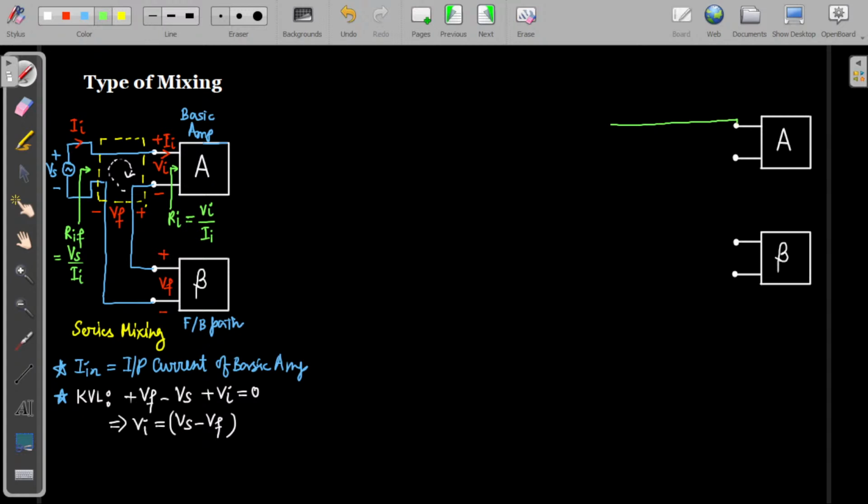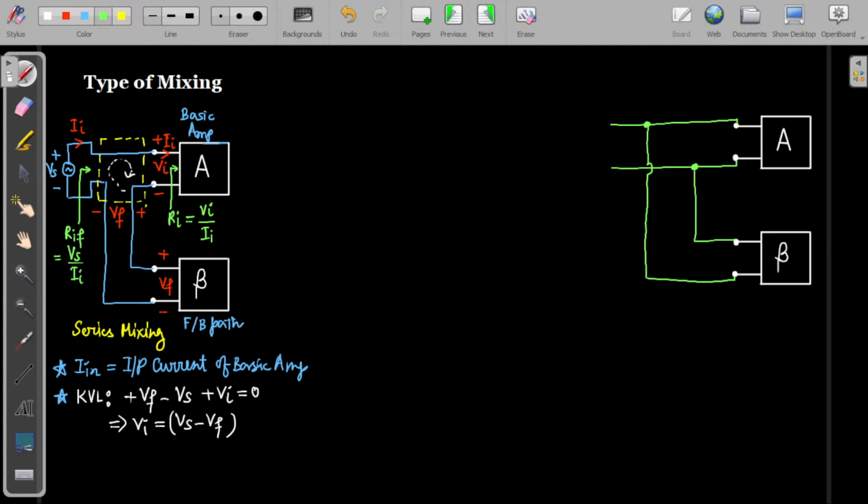So this is the main line of the basic amplifier, and here we will connect this feedback line like in this pattern. We will connect like this. If it is connected like this, so यहाँ पे कनेक्शन होगा, यहाँ पे कनेक्शन होंगे.